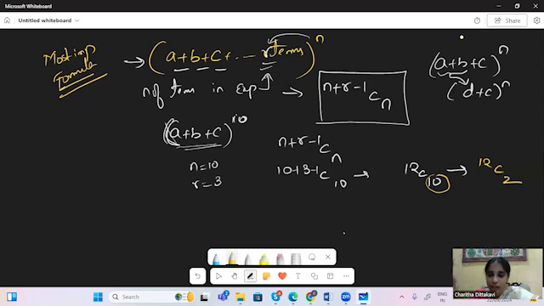For our convenience, we are going to make it 12 C 2. With 12 C 10, I have to keep coming down from 12 ten times divided by 10 factorial. That is very tedious for me. Whereas with 12 C 2, I just have to reduce 12 two times. So 12 into 11 by 2 into 1, which is how much? 66. Oh my God, 66 terms are there in this expansion.